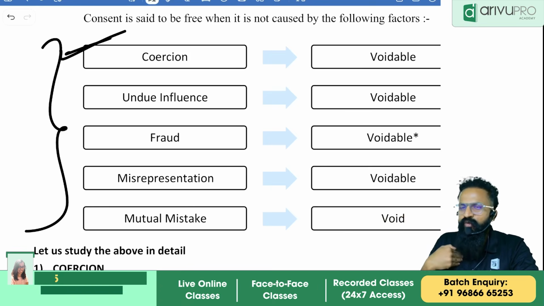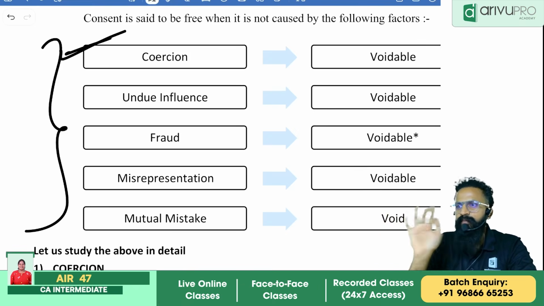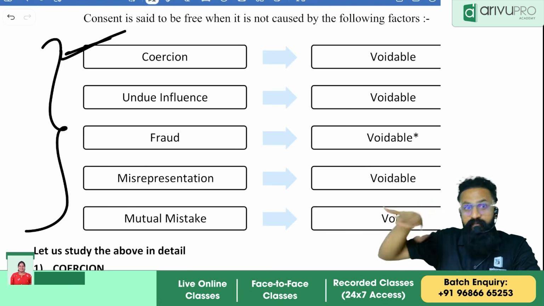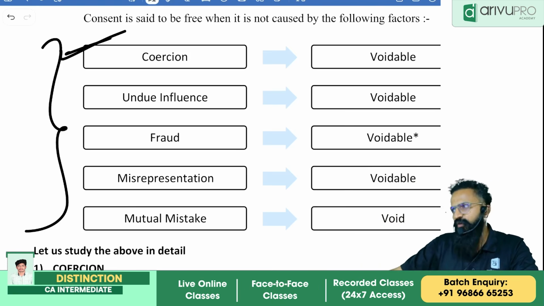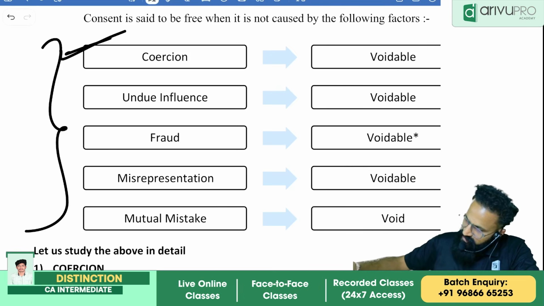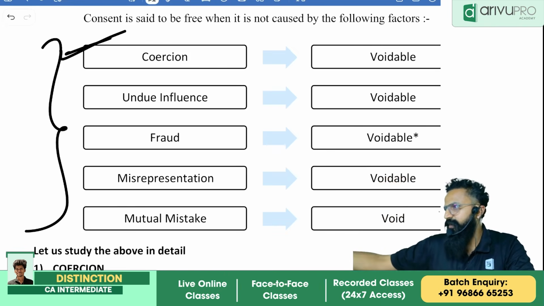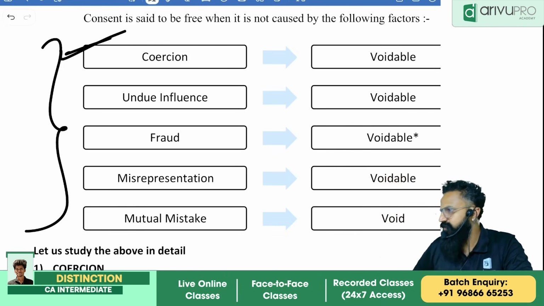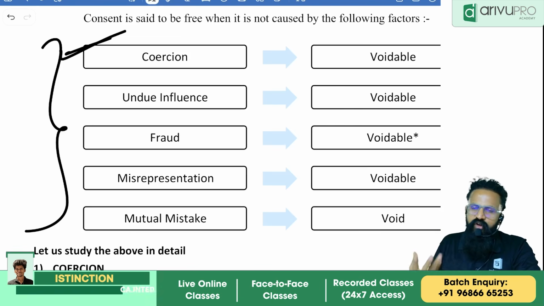So if I do anything which is forbidden under the IPC, in brackets write IPC, but in the mainstream write BNS 2023, if I am doing any such act, it is considered coercion: murder, theft, any act punishable under the BNS or anything forbidden under the BNS. Brackets, write down IPC. So if we are doing that, it is called coercion.